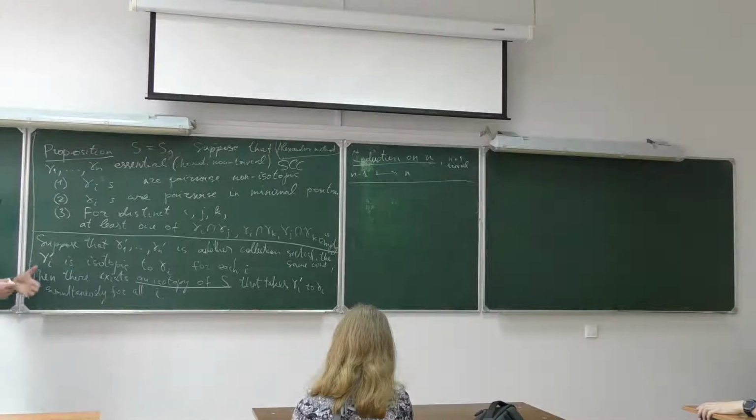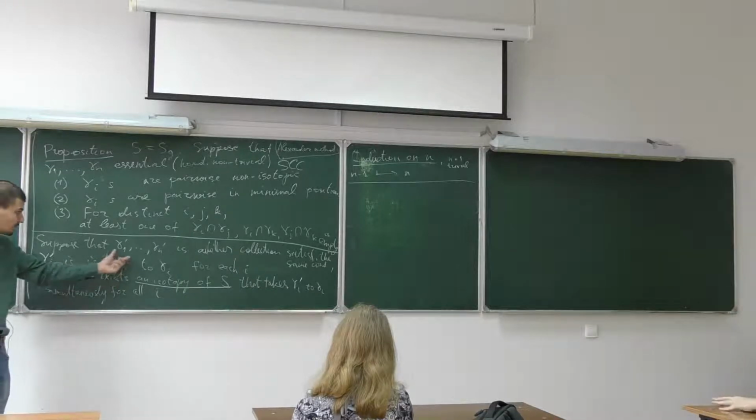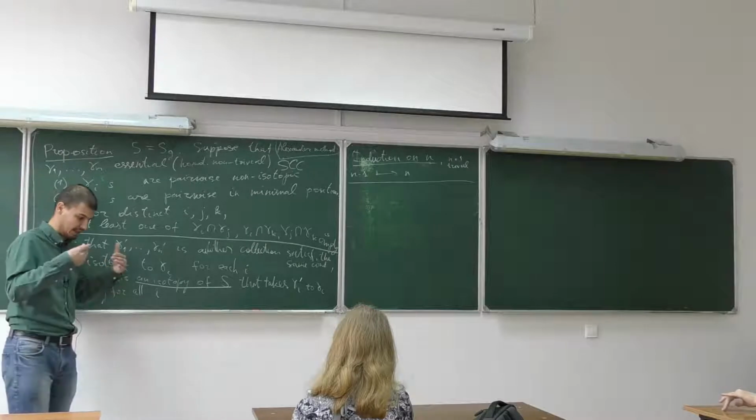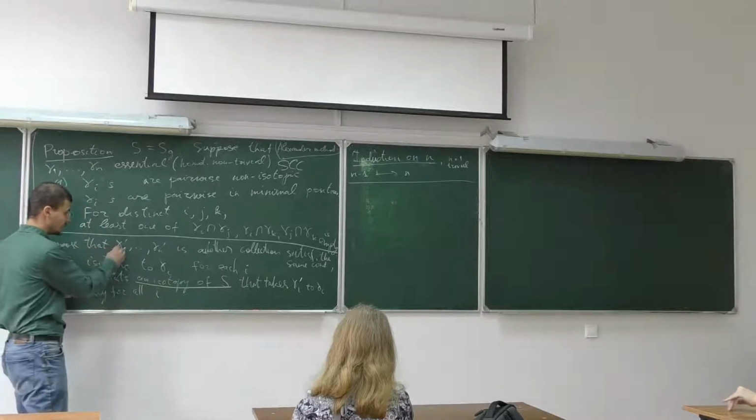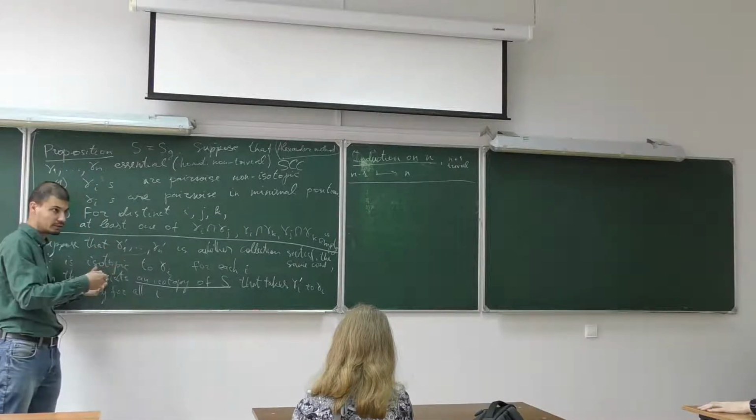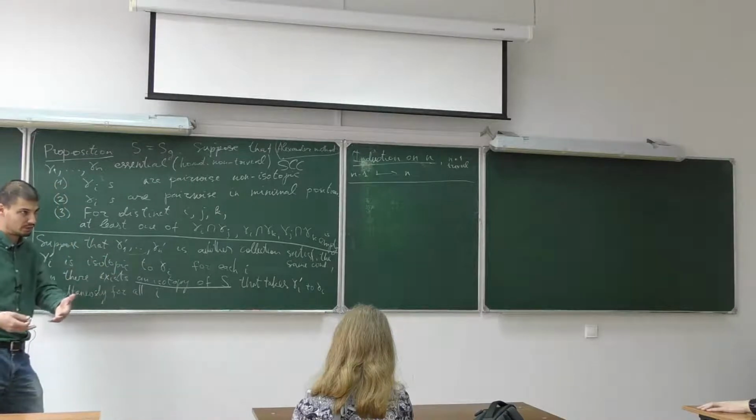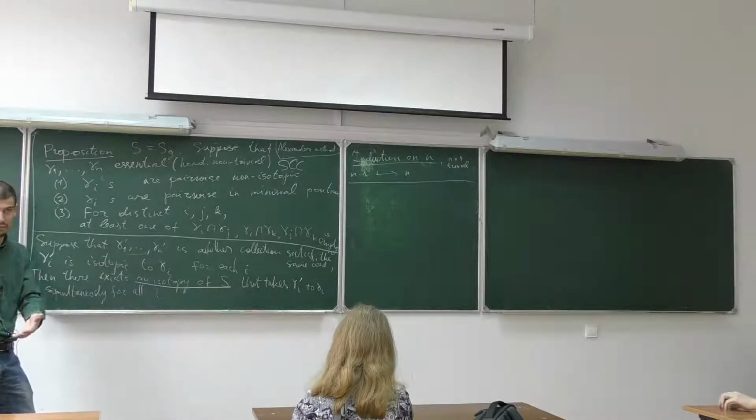And actually we can look at the picture after this. We have an isotopy that takes the first n minus 1 curves with primes to the first n minus 1 curves without primes.